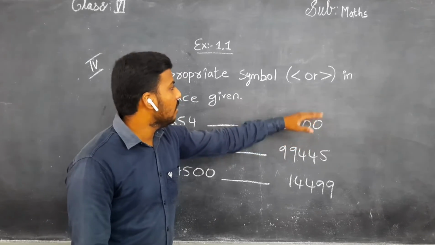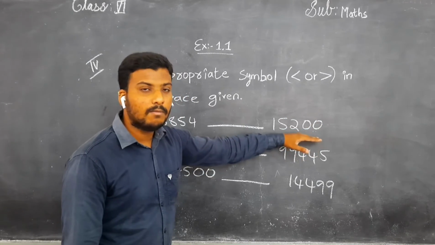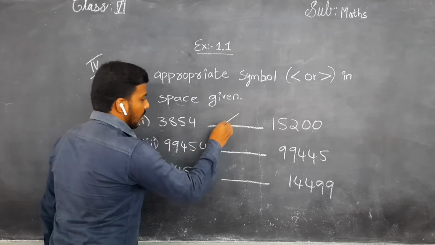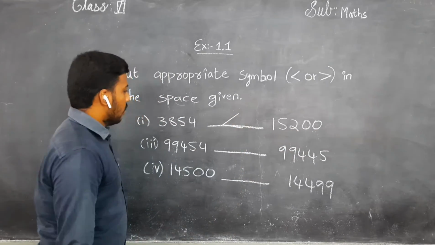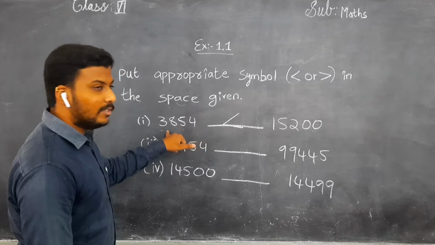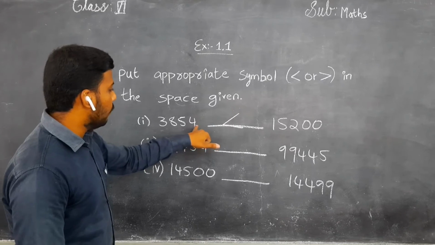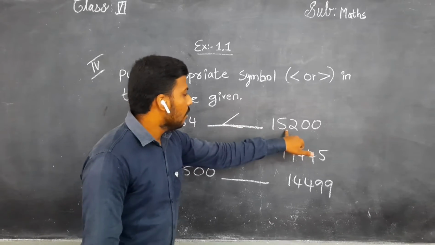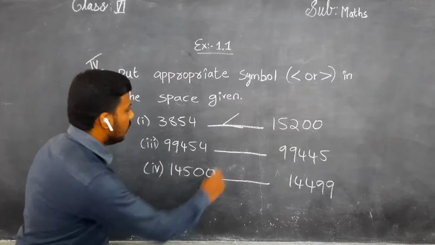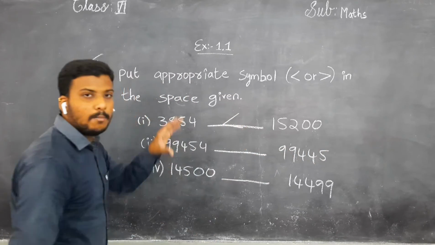Okay, we have to indicate by using the less than symbol. Understand, children? That is this. This means 3854 is smaller than 15,200. You got it, children? Because this sign always represents the bigger value.